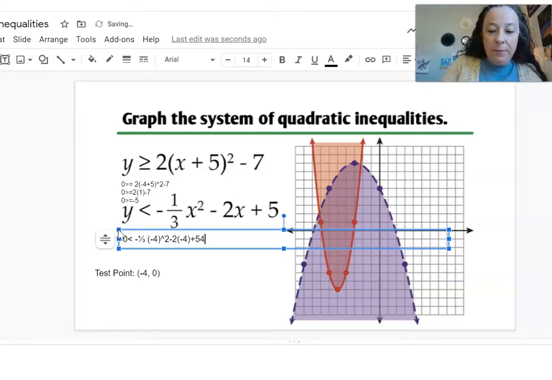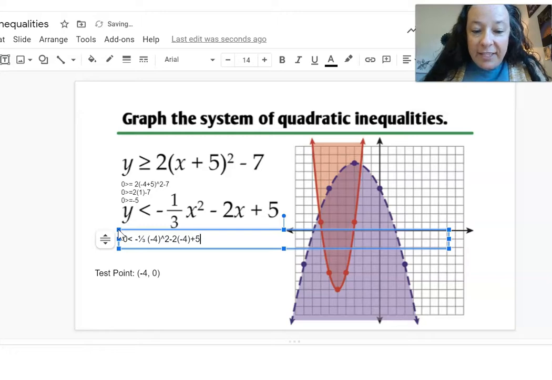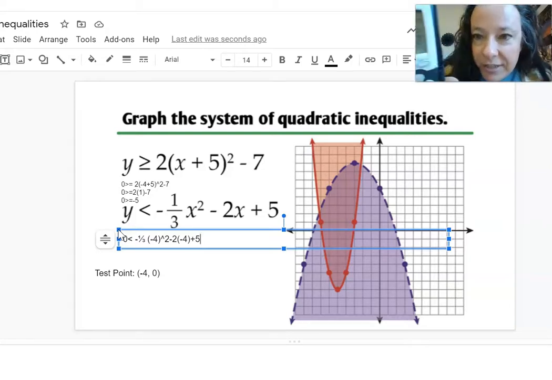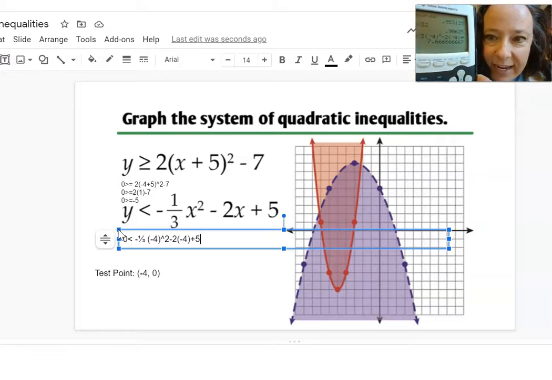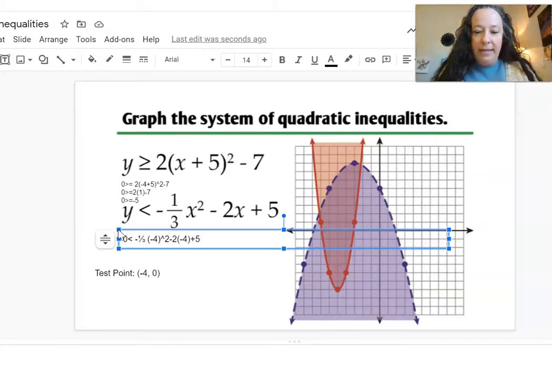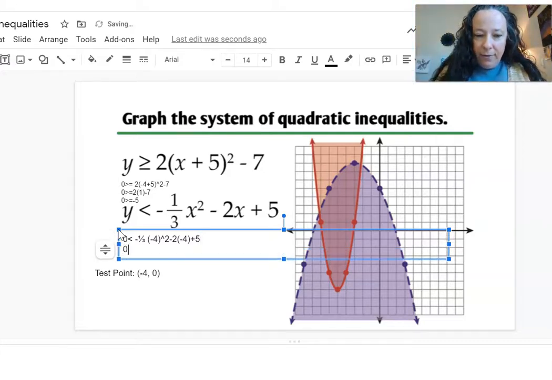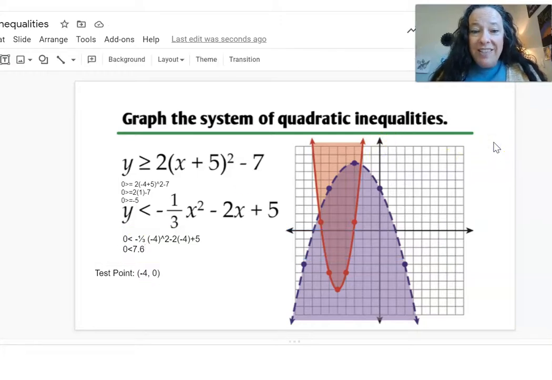I'm going to get my calculator and type negative 1/3 parentheses negative 4 parentheses squared minus 2 times negative 4 plus 5. Yes, I just used the calculator and I got 7.6 repeated. So is 0 less than 7.6 repeated? Yes. So it satisfies both of the inequalities, so our shaded region is good. That's what it means by using a test point. Okay?